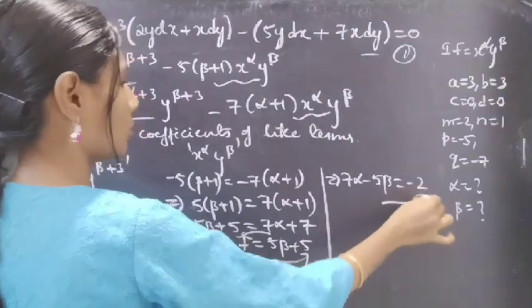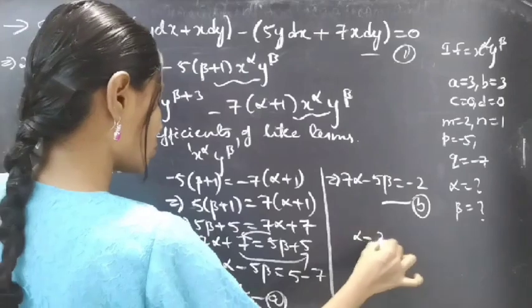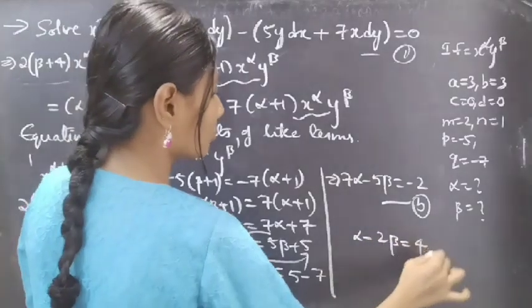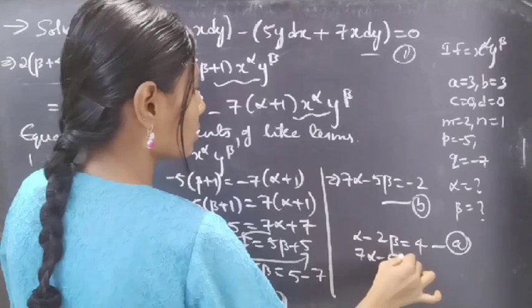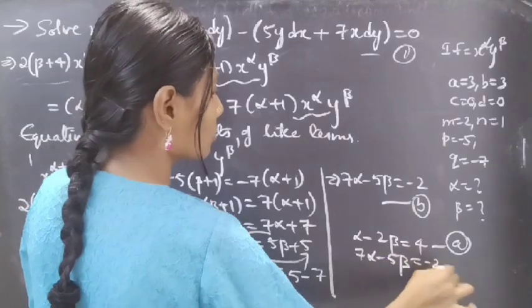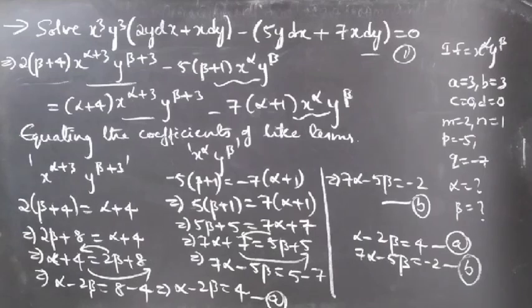Consider this as equation B. Now we have two equations, alpha minus 2 beta equal to 4 and 7 alpha minus 5 beta equal to minus 2. Now by solving these two, we'll get the values of alpha and beta.